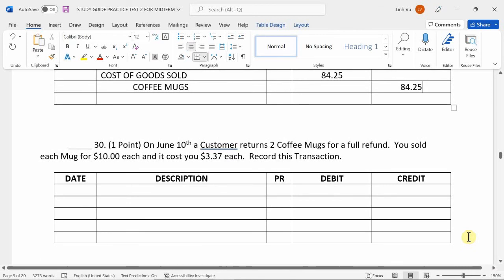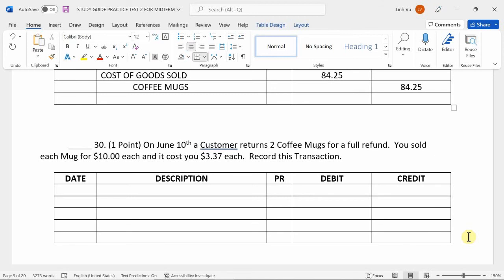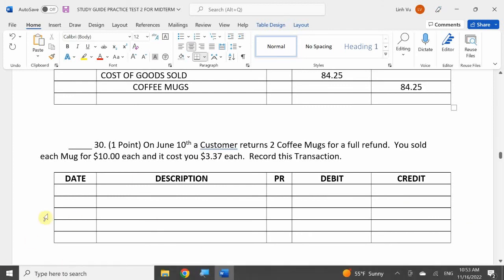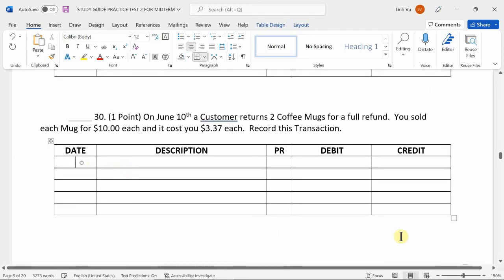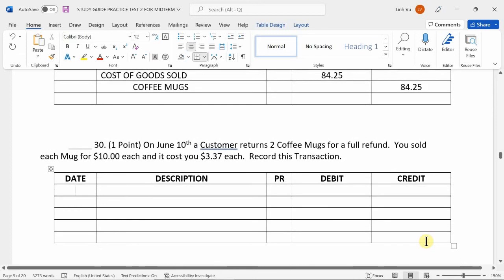And then last one, question 30. If on June 10, a customer returns 2 coffee mugs for a full refund and you sold each mug for $10, okay, and it cost you $3.37 each, record this transaction. So in this case, we need to recognize that the customer is returning the product.